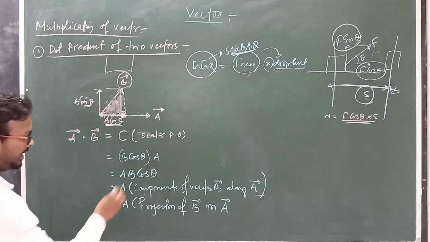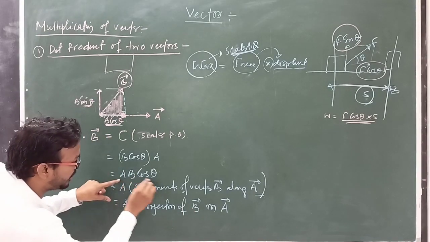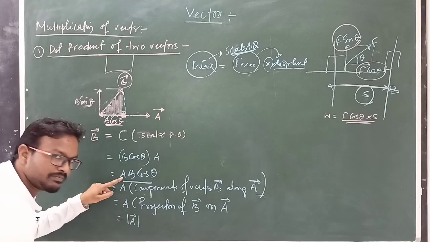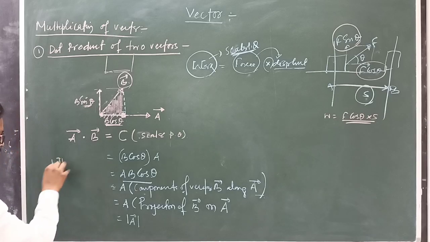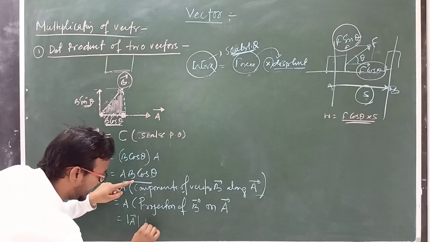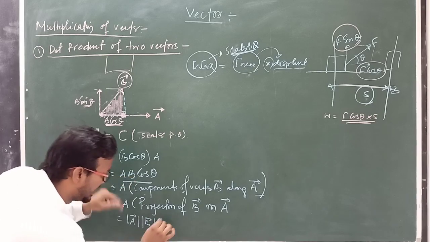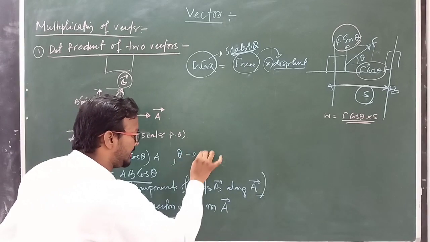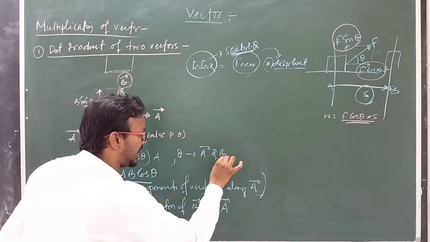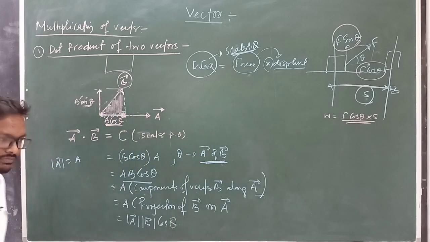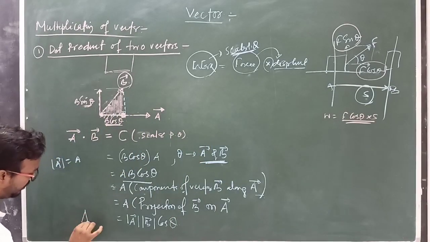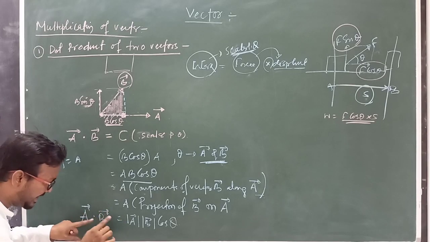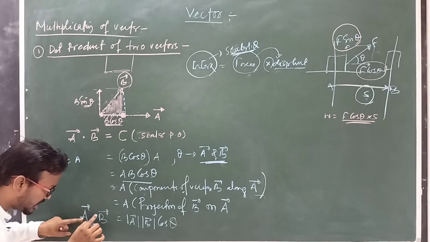Clear? And you can write here AB cos theta, or simply A means magnitude of A vector. We already know why, because magnitude of A equal to A. So here B means magnitude of B vector into cos theta. And what is theta? Theta is here the angle between A vector and B vector. Clear? And so you can write here A dot B vector means A multiplication of B, but here we have to use dot.